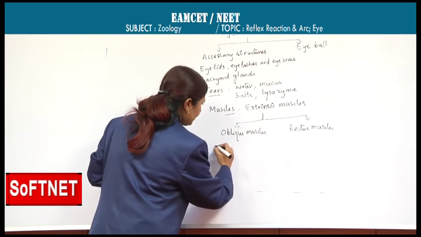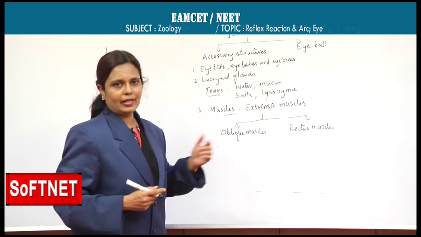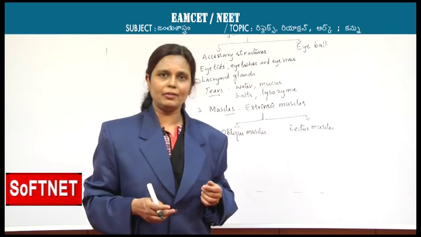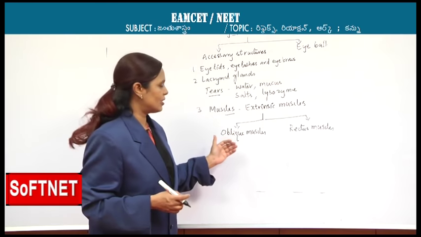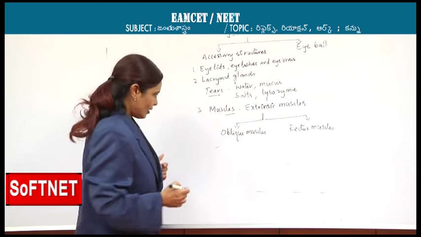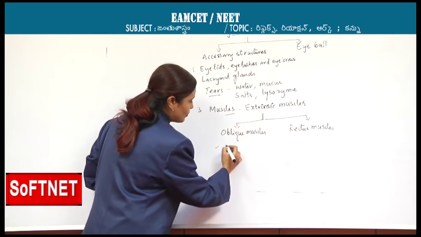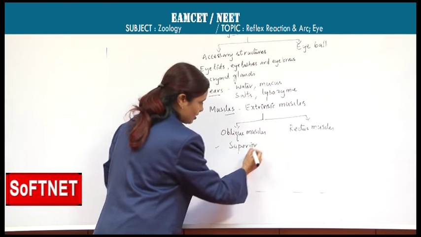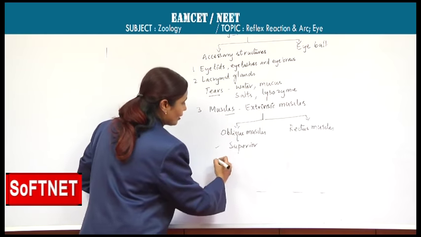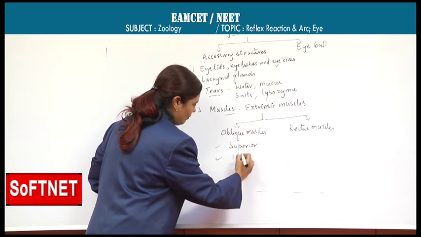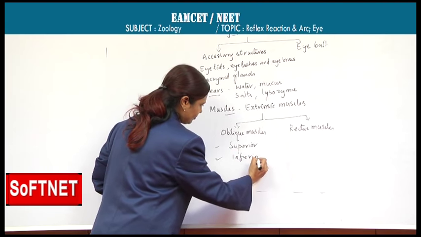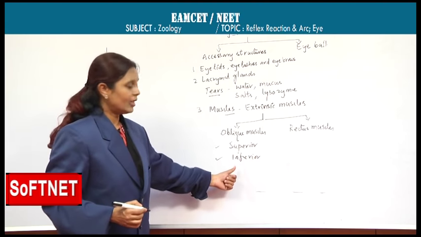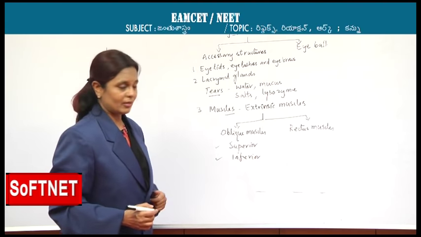Now, these muscles, oblique and rectus muscles, are again of different types based on their position and orientation. When you take oblique muscles, there are two types: superior and inferior oblique muscles.